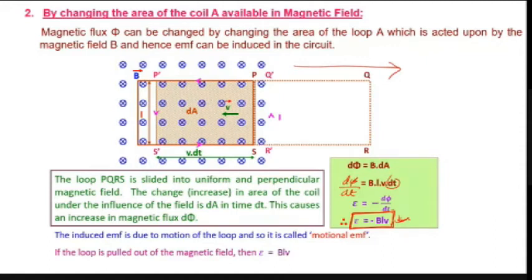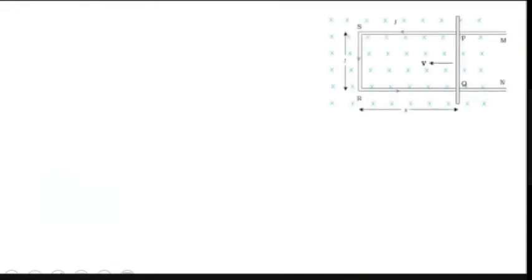So what will be the direction? Downwards. So that is the direction of force. So we have to find the direction of current. The direction of induced current is given by Lenz's law, or as I told earlier, by Fleming's right hand rule. Direction of force is given by Fleming's left hand rule. Direction of current is given by Fleming's right hand rule.